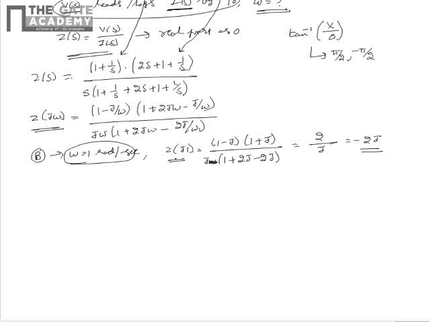So from this we can say that the value of omega for which the real part is 0 is omega equal to 1 radians per second, which corresponds to the condition that V of s leads or lags I of s by 90 degrees. Hence, the correct option representing the required conditions is B, and the option B corresponds to omega equal to 1 radians per second. Here we got the answer by substitution method.